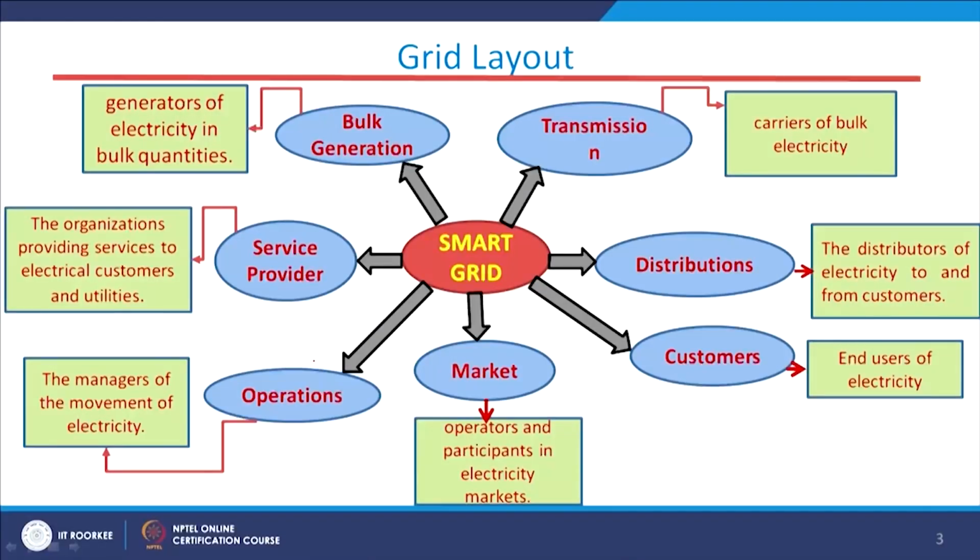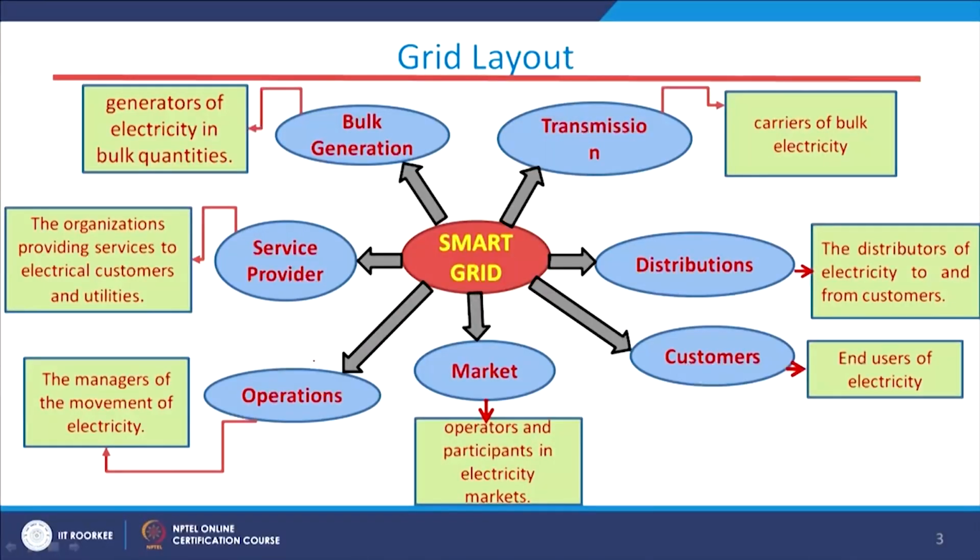As far as the service providers are concerned, there are certain organizations which provide service to the generation system, to the transmission system, to the distribution system and also to the customers. And apart from that, we also have the operations sector, and we also have the market. In the market, the participants participate for selling or trading of the power. So, we will discuss every part one by one, very quickly.